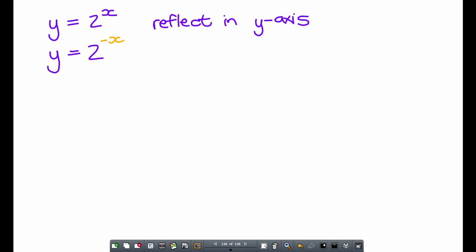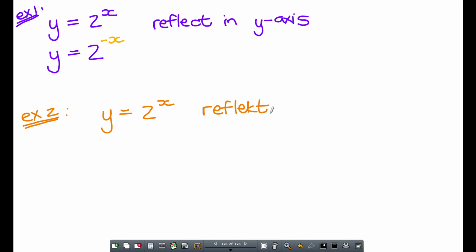Okay, let's look at another example. Okay, ons gebruik nog steeds y is gelyk aan 2 tot die mag x, maar nou sê ons reflecteer in die x-as.